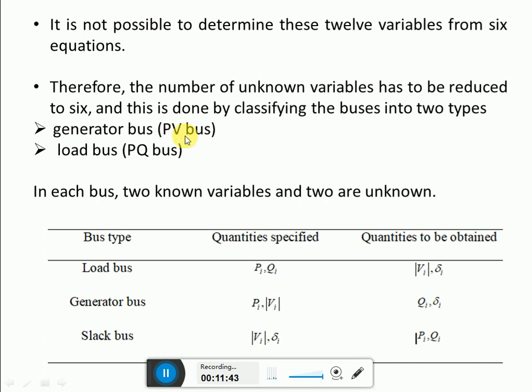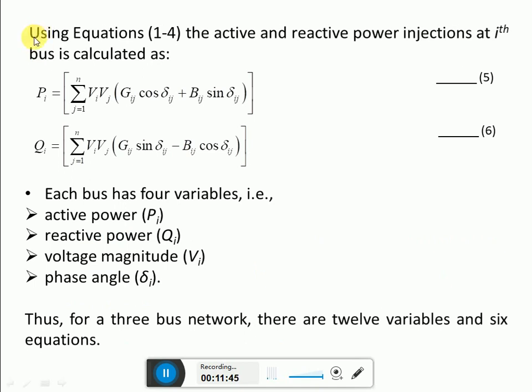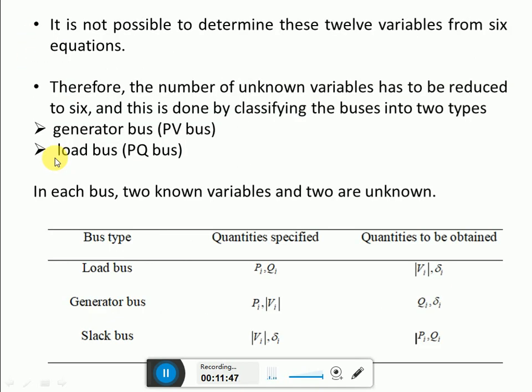Also we have 6 equations. Now we can calculate the unknown variables for the generator bus. Same way for the load bus. Now what is the load bus actually? Load bus is the bus where the load is connected. So that is the load bus.